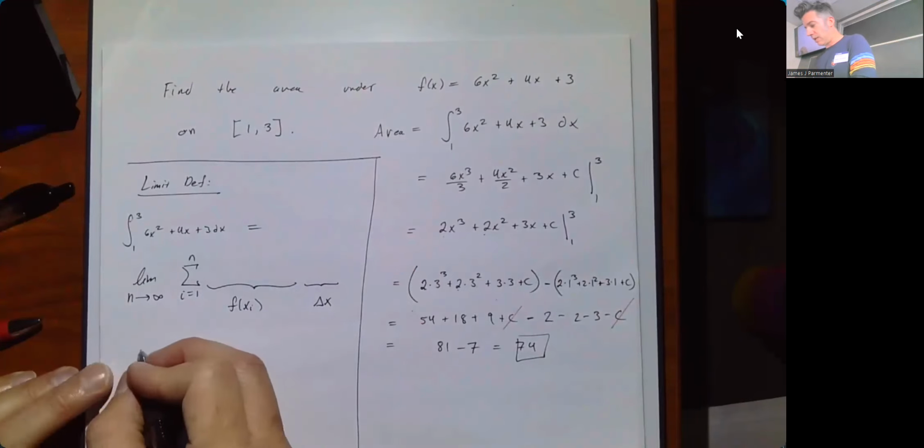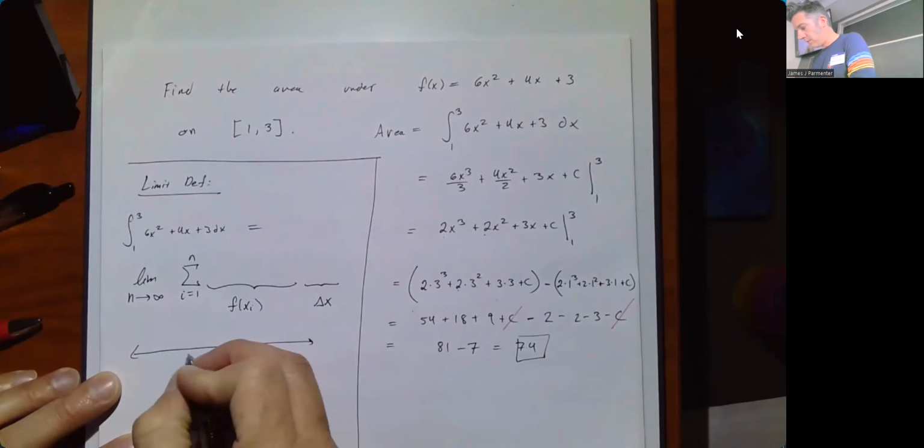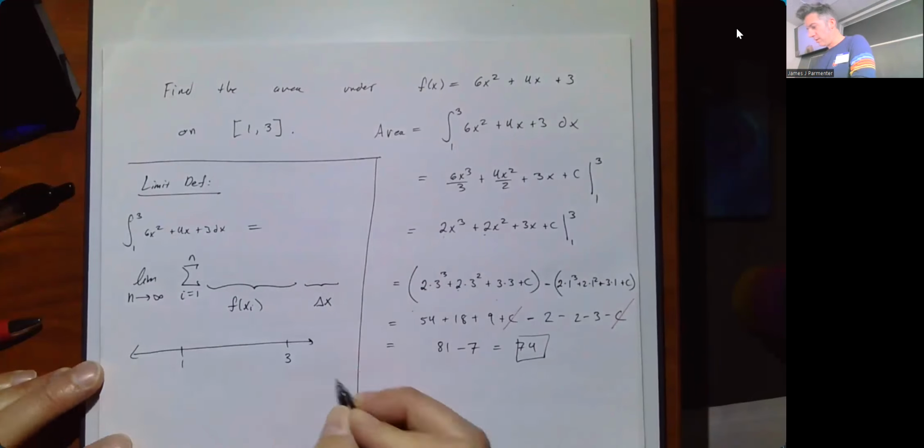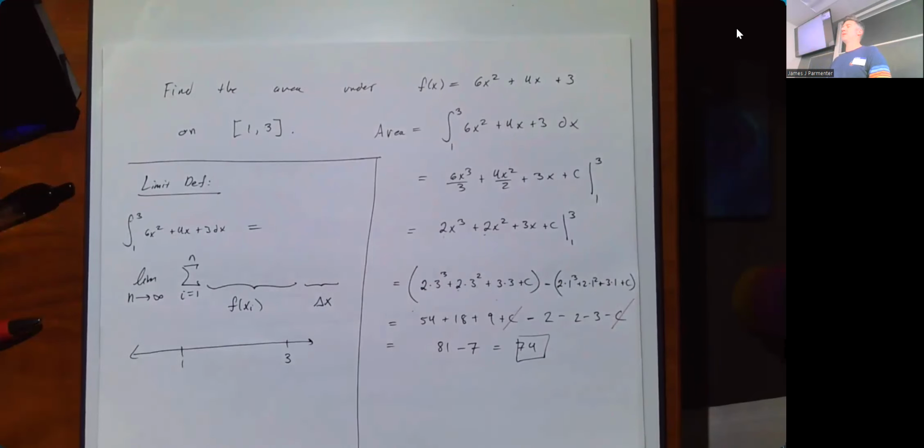So I'm thinking about taking my interval from 1 to 3. And now here's the question I feel like is always a little bit hard for people to remember the answer to. How many sub-intervals am I breaking up my region into? You're close. It's going to be n, and then we're going to take the limit as n goes to infinity.